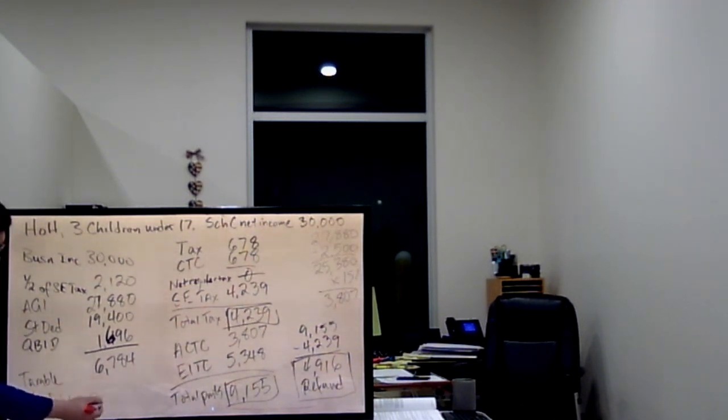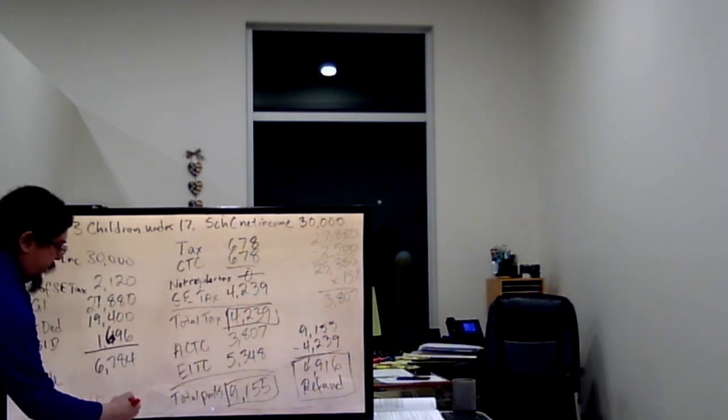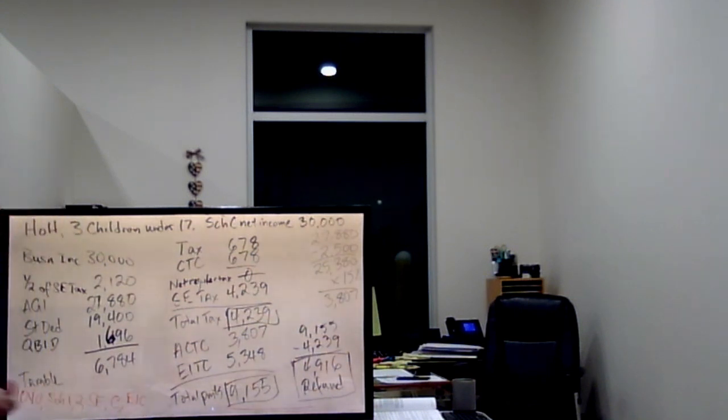We also need a Schedule C for her self-employment income. We also need Schedule EIC for earned income credit.